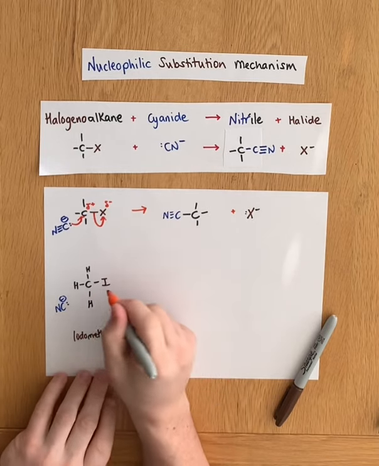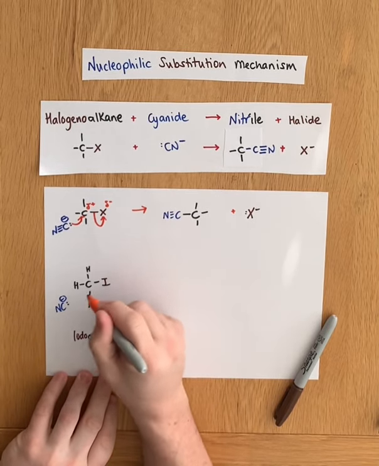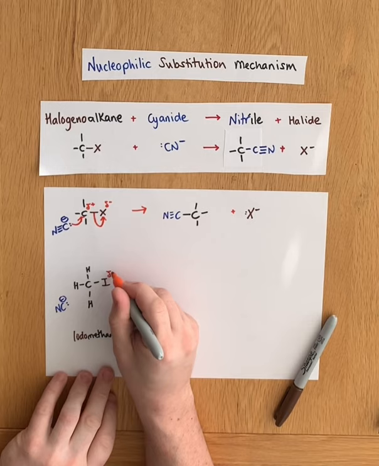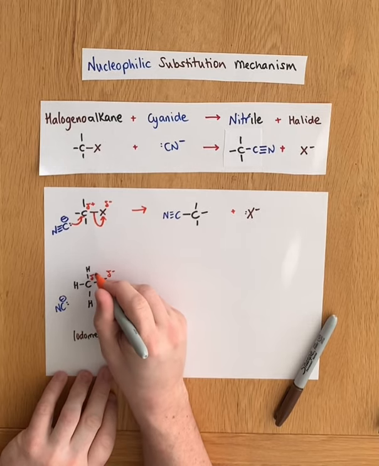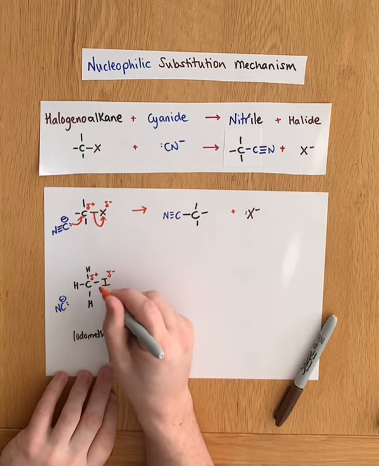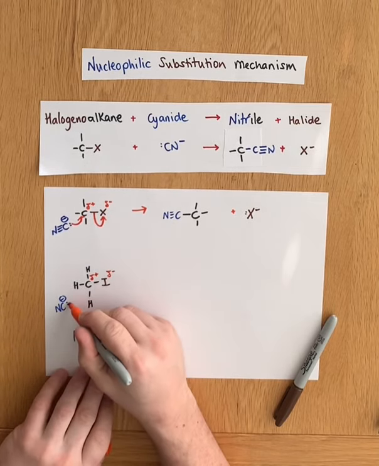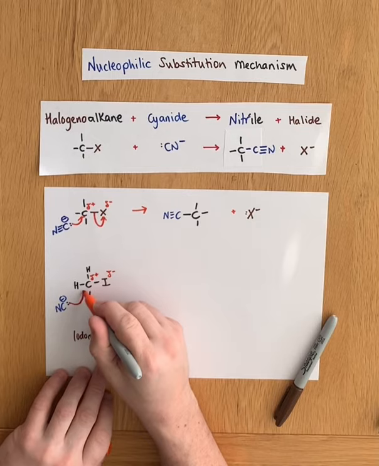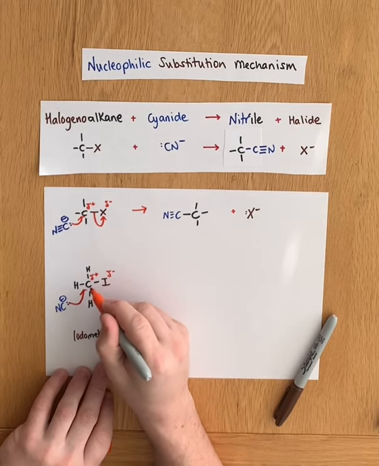I will draw the fact that I have a polar bond here. Delta positive carbon, delta negative halogen. The pair of electrons, this lone pair, is going to go to form a bond to that carbon.